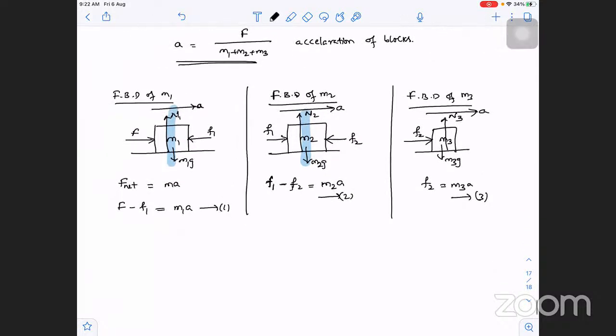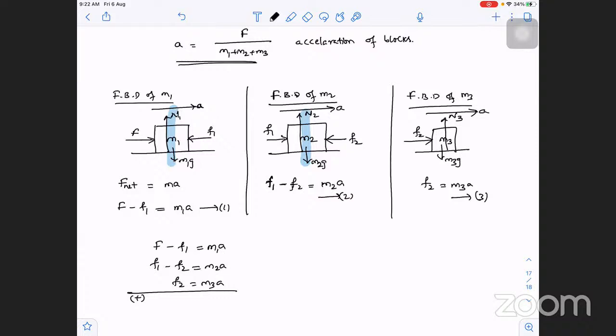Okay, so then F minus F1 is equal to M1A, F1 minus F2 is equal to M2A, F2 is equal to M3A. If I add them, F1 and F1 cancel out, F2 and F2 cancel out. So suppose we take M1, M2, M3 as a single system, a single body, then F is the force acting.